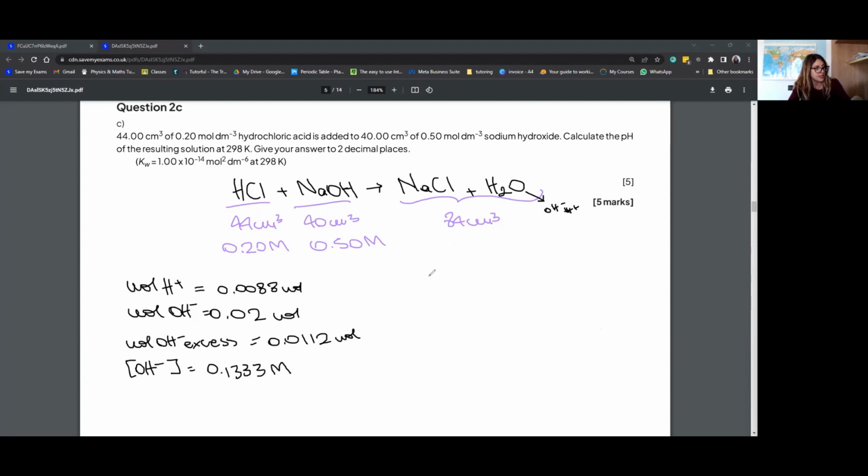Okay, so we need to think about all of these things, but so far it's just a limiting reactant calculation. Actually, of course, we need to get to the concentration. Noticing that we are given the Kw and it's a hydroxide that is in excess, we need to find the pH. So we use the Kw, remembering that Kw is the concentration of H plus times the concentration of OH minus.